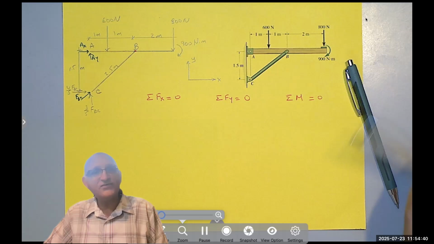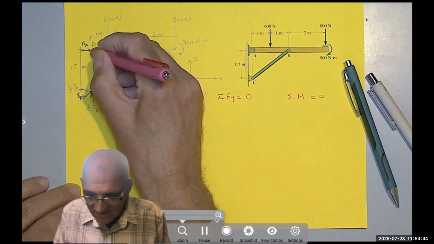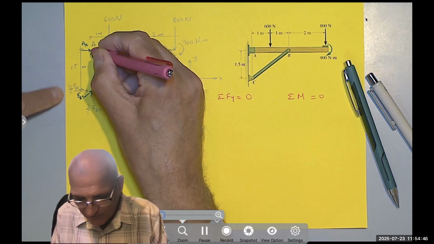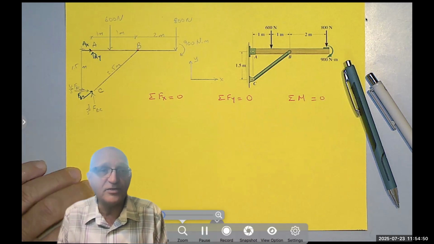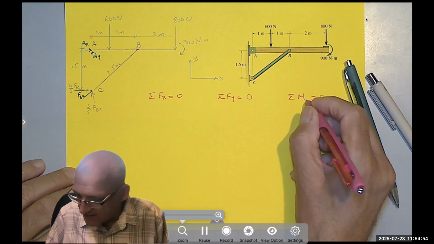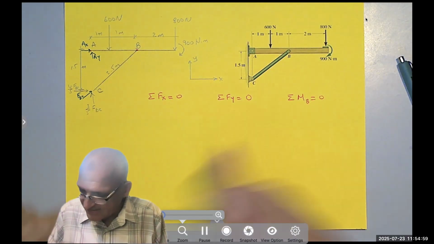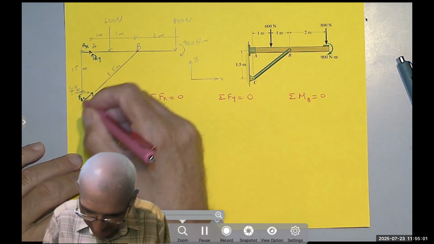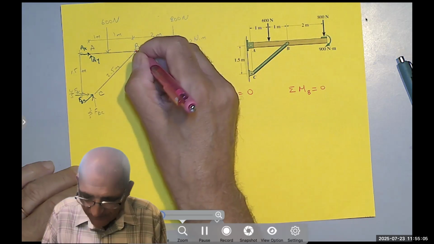So I could have used that much easier and take the moment, say here, and say 4/5 FBC times 1.5 is a positive moment about A. I think we'll stick with B. Still, it's easy. Now, if I take the moment about B, then FBC and Ax don't produce moments.